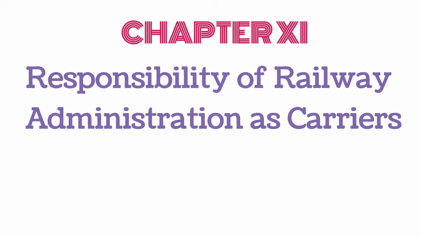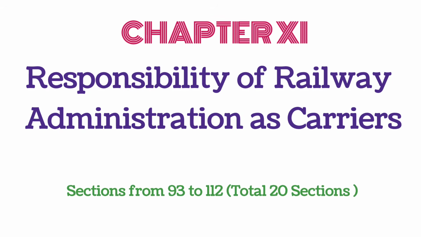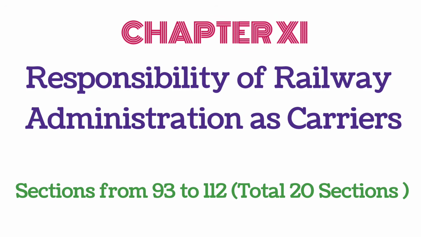Now next is chapter 11. It is the responsibility of railway administration as carriers, mentioned in chapter 11, and in this sections 93 to 112, total 20 sections are available.